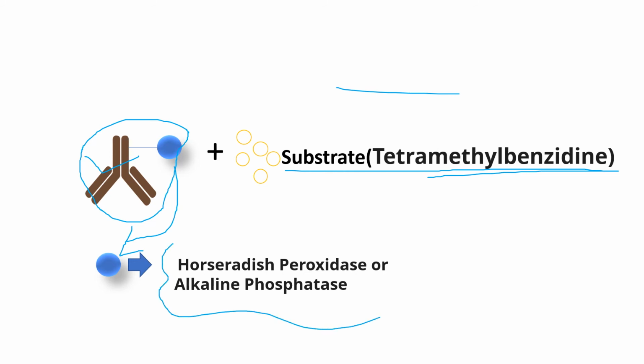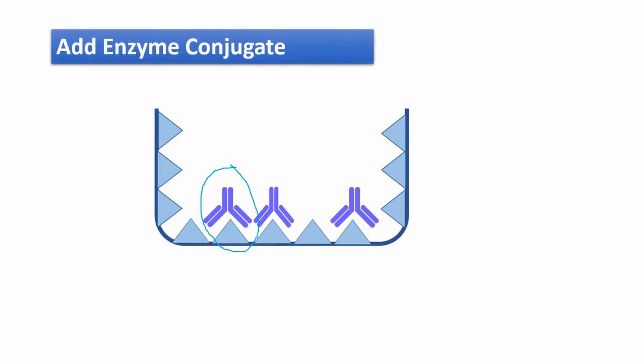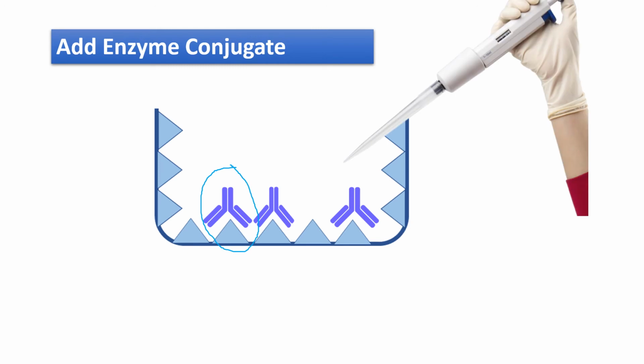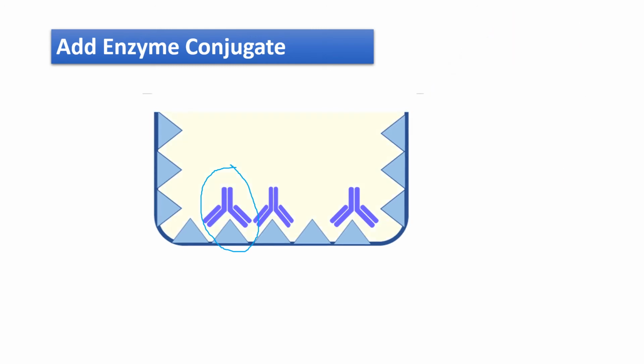You can see this is an antibody linked with the enzyme, which is horseradish peroxidase, or it may be alkaline phosphatase, and here we are using the substrate tetramethylbenzidine. Now the antigen and antibody are attached on the well.